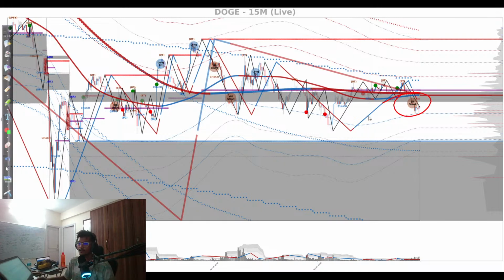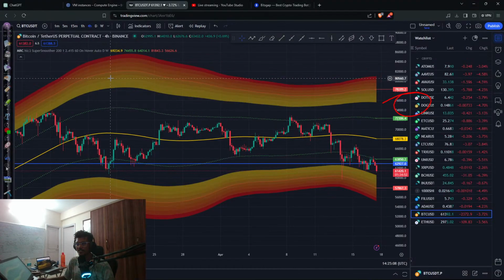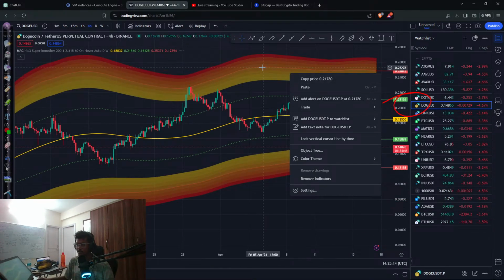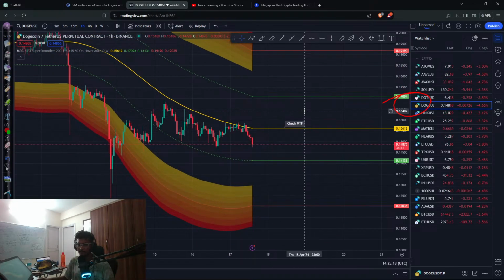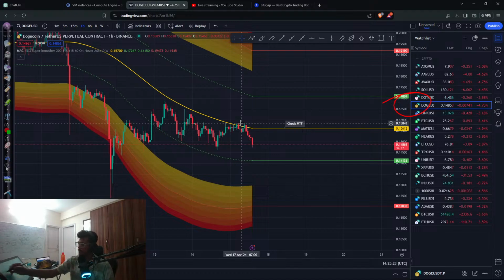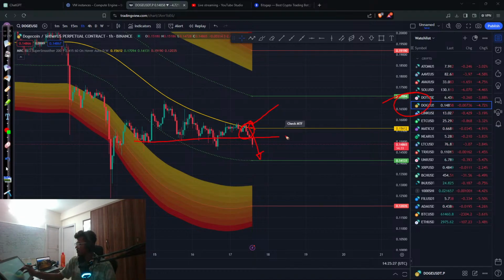The market is kind of bearish, so it makes sense to go short. That's what a trend following strategy is. See, it told us to go short here, and we are going short on Dogecoin.